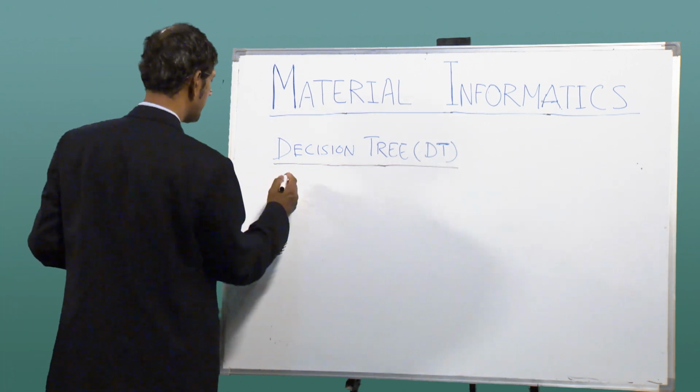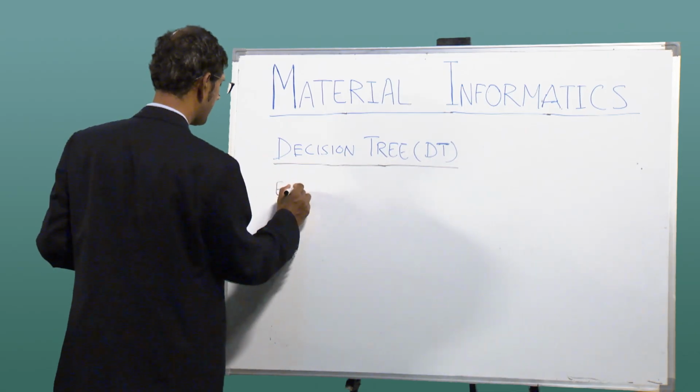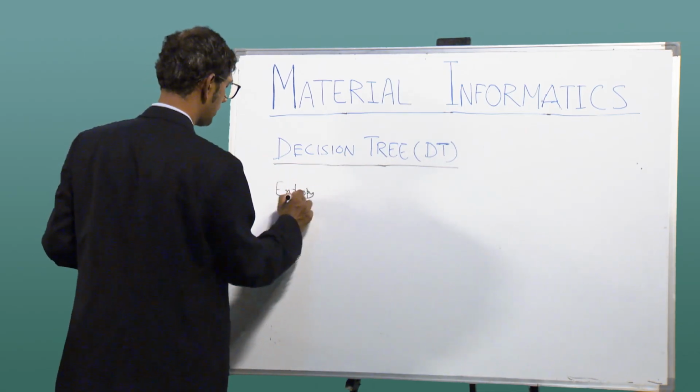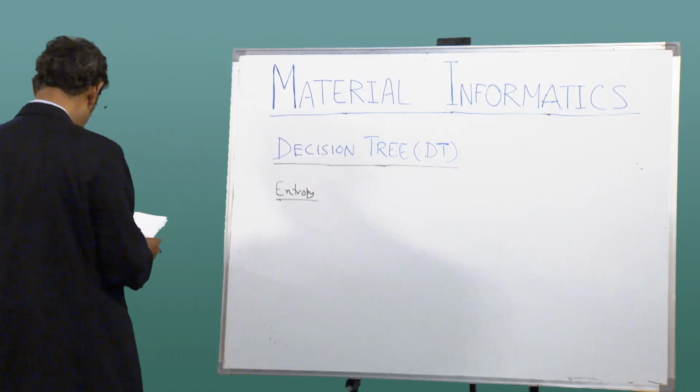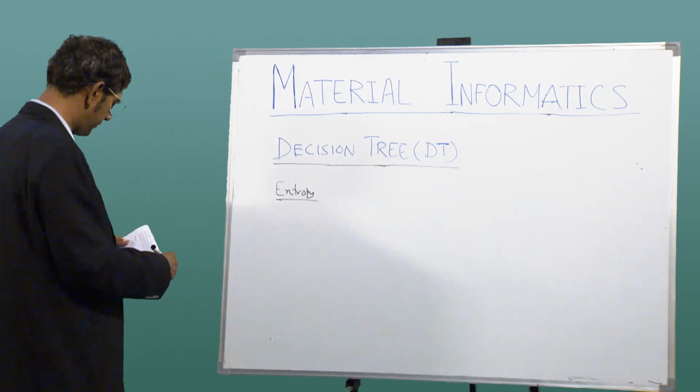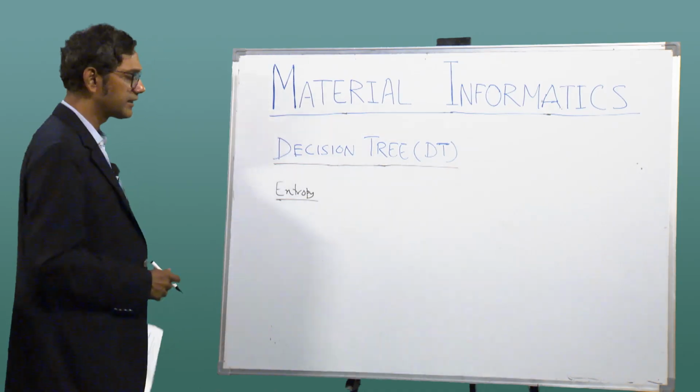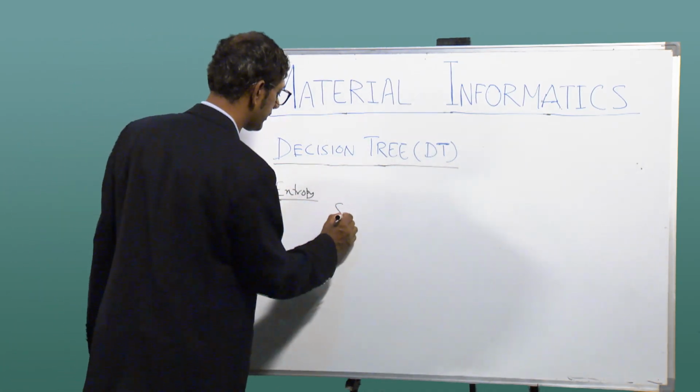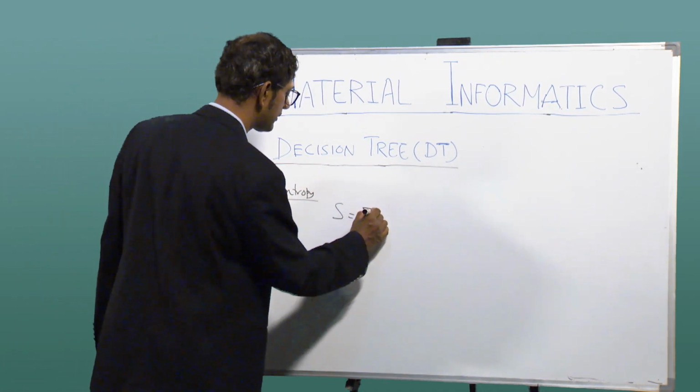So, first parameter is entropy. Entropy is very basic in physics and chemistry. It is a quantifiable mathematical factor. So, we write entropy like this.